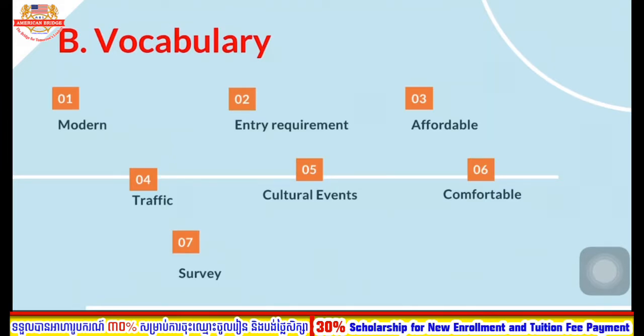For example, in the past we didn't have smartphones. Now we have smartphones that we can carry with us and keep easily. It is also easy to contact other people, and we can search the internet. So these are modern things nowadays.